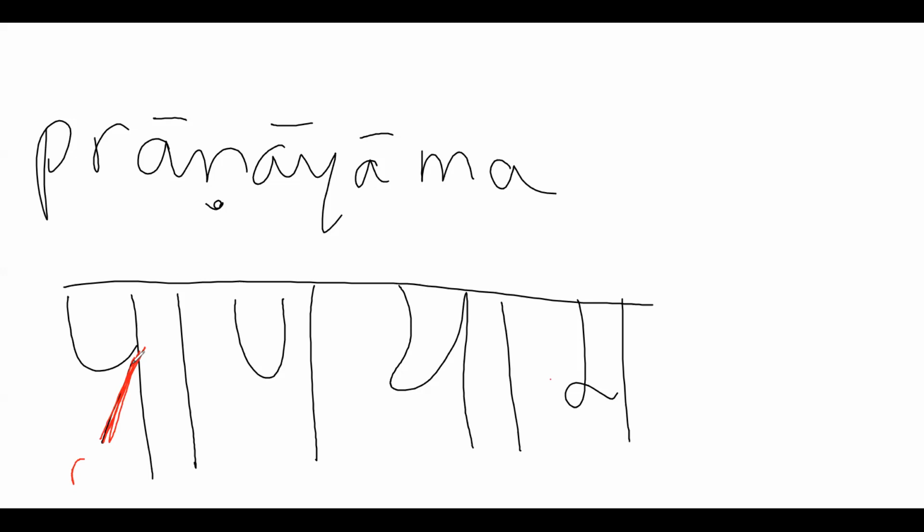When the R immediately follows a consonant. So the consonant is P, and the R immediately follows it. So it splits up the pa, and it gets an R in there, pra. So pa becomes pra, okay?